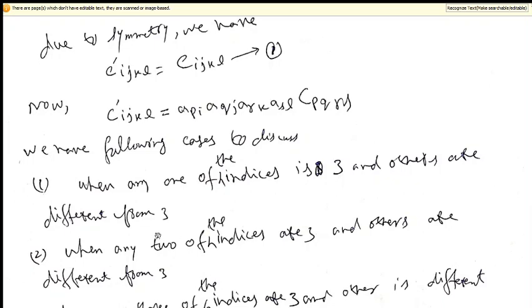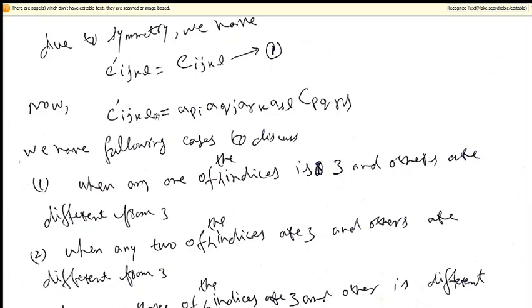What are they? As we are taking the x3 axis, our cases will depend on this index 3. The first case is when any one of the indices i, j, k, l is equal to 3, and the remaining 3 indices are different from 3.